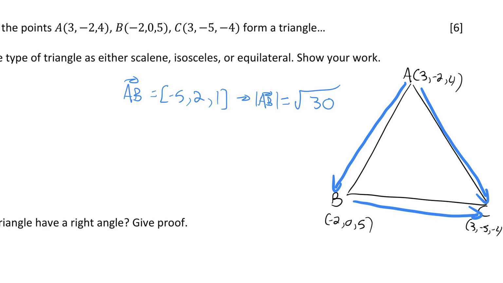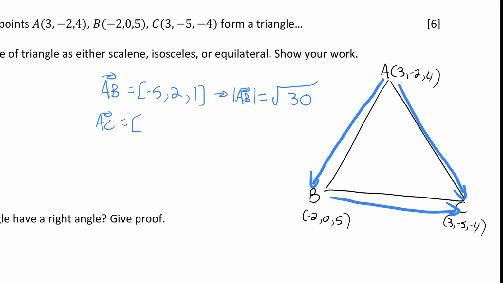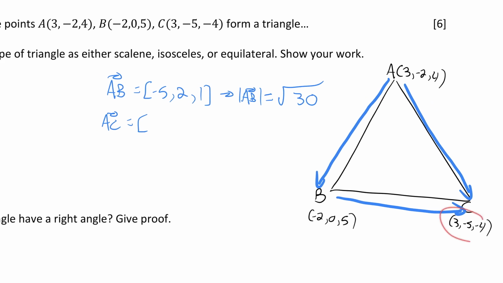How about AC? Vector AC, I'll do the coordinates of the point at the tip minus the tail. That would give me 0, negative 3, negative 8. If I find that vector's magnitude, I would get the square root of 0 plus 9 plus 64, that's the square root of 73.